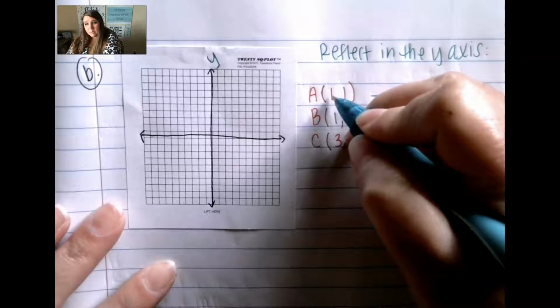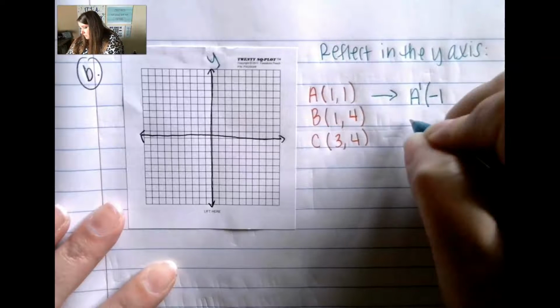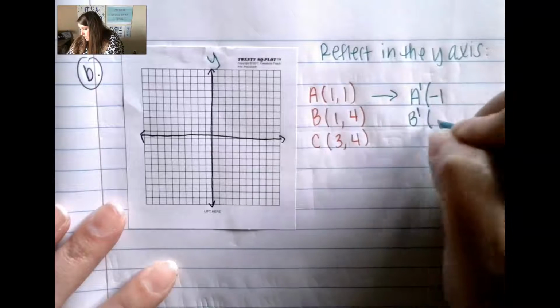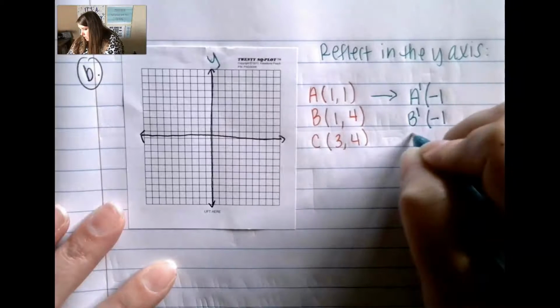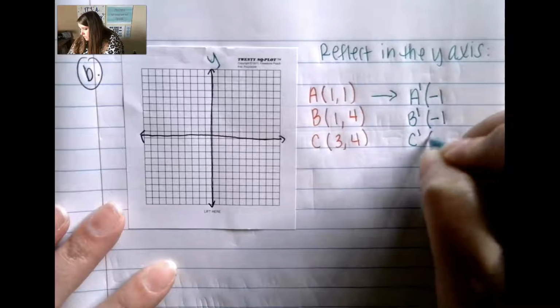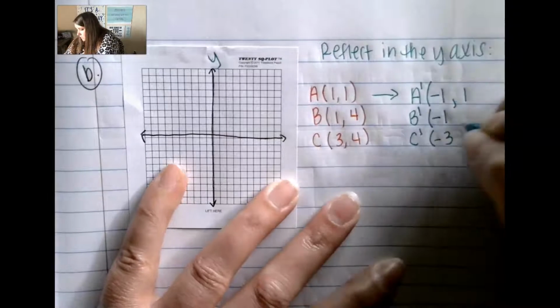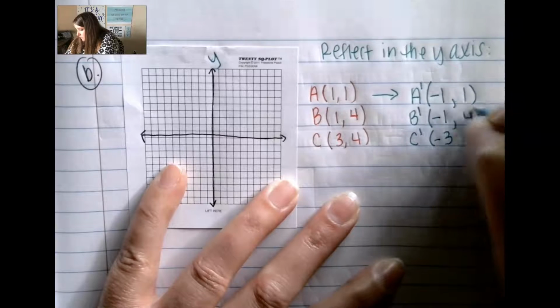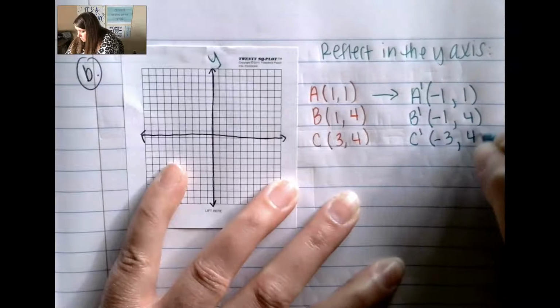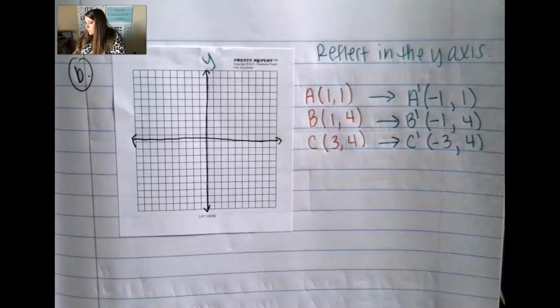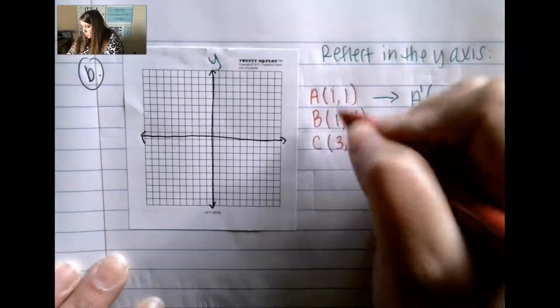So the opposite of 1 is a -1. The opposite of 1, again, is a -1. And the opposite of 3 is a -3. Our y values stay the same. We will now create mirror images. So let's start by creating our first triangle here.